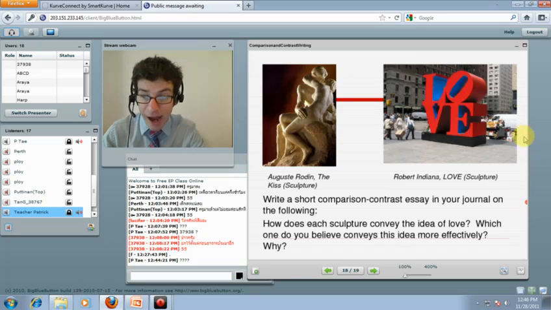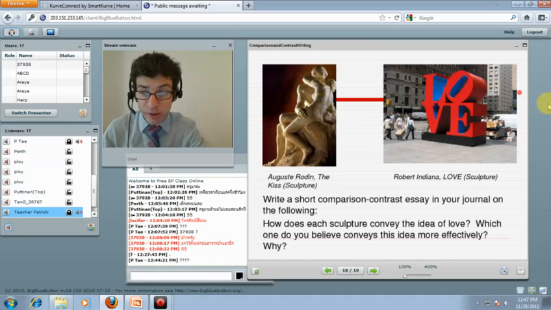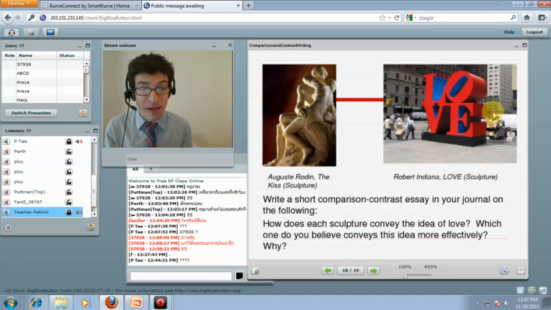Now I think the giant love statue is, because The Kiss could mean many things. It could be about an old play, it could be about a story, but the word love is very simple. That is all it is, just love. So to me, the simplicity, the fact that it isn't two people, makes it better.